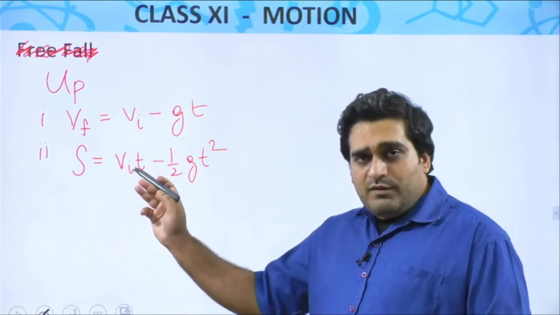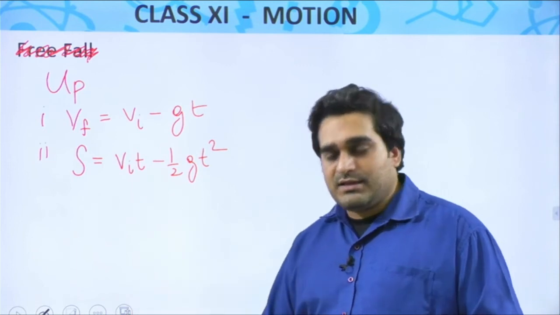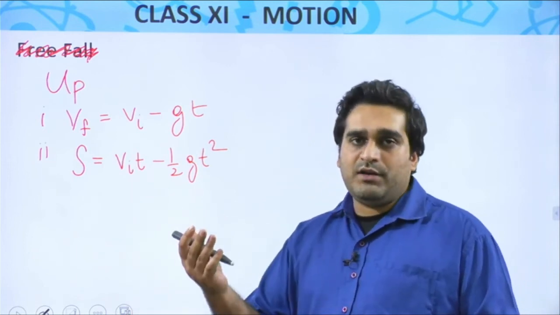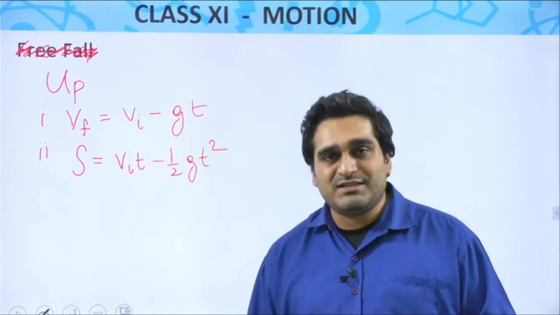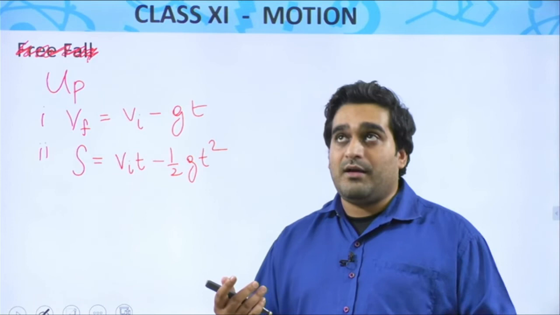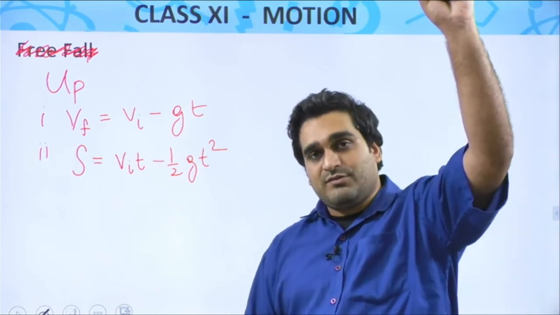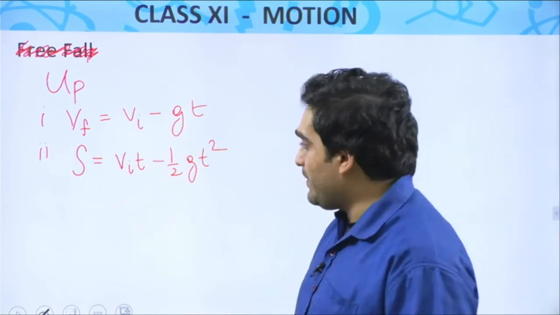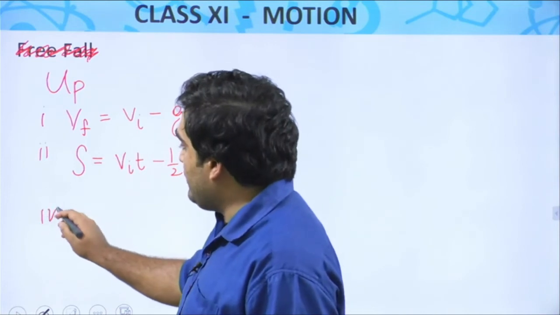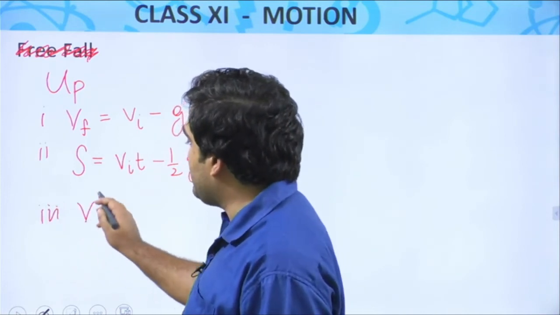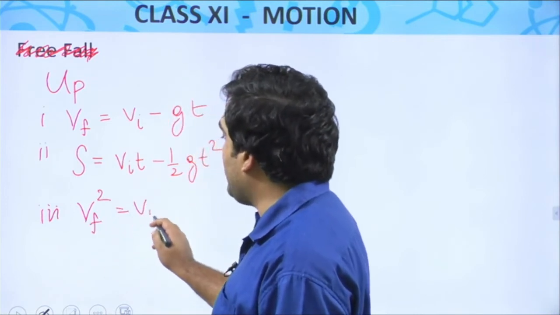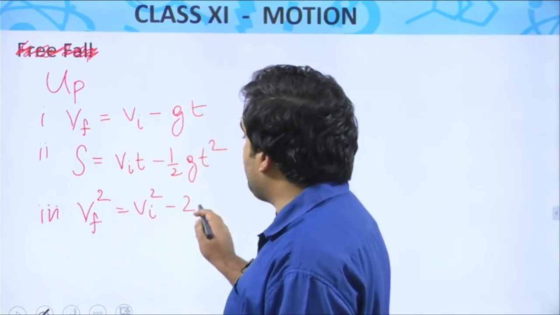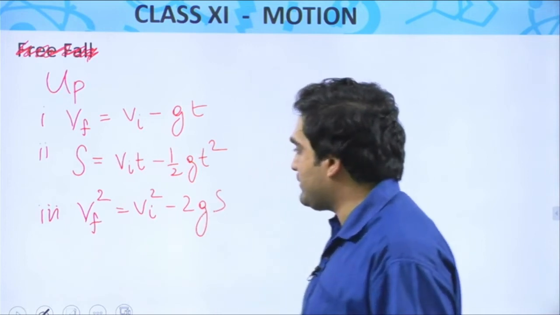So, will Vi be zero in this case as you throw the object upward? No. Vi cannot be zero. There is a certain initial velocity, but the final velocity as it reaches up is zero. Next, the third equation of motion is Vf square equals Vi square minus 2 Gs.